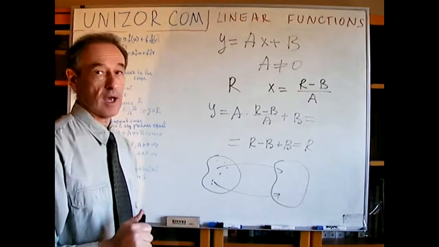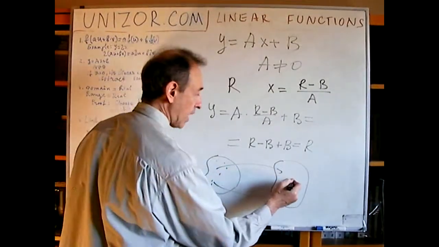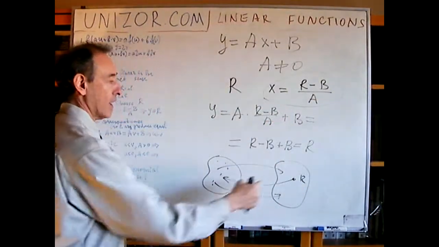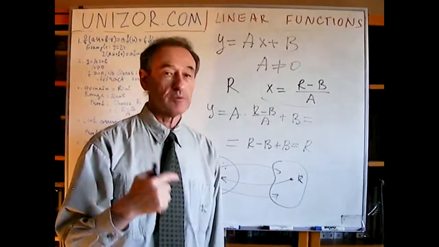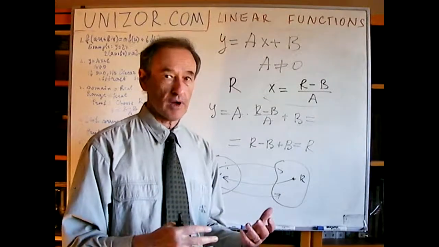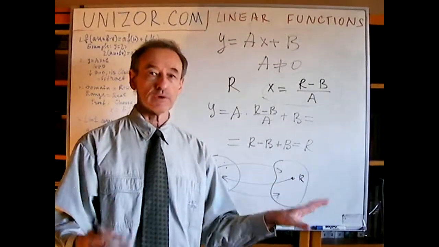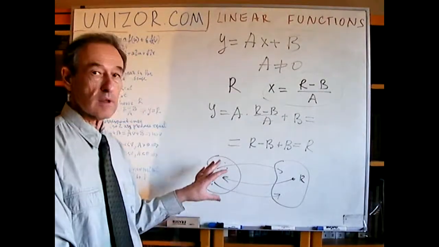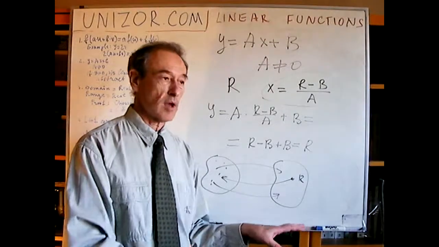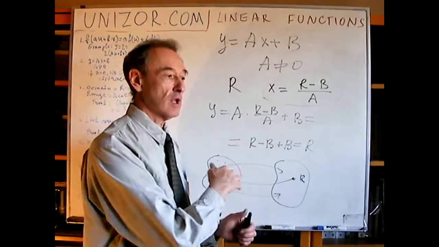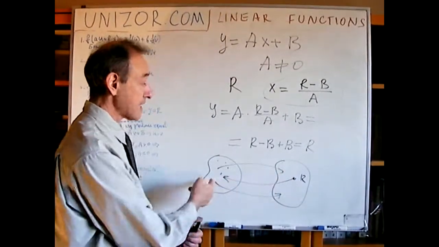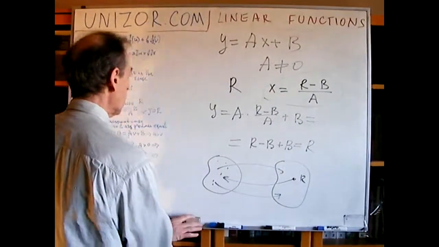What I'm also saying is that for any real number r, I can find the prototype. It's this one. So any real number can be reached, which means that the range of this function, all the values of this function, cover the entire space of real numbers. So the domain is the entire space of real numbers, the codomain is the entire space of real numbers, and the range of the function is the entire space of real numbers, which means every number can be reached using this function from some kind of a prototype. So that's important.